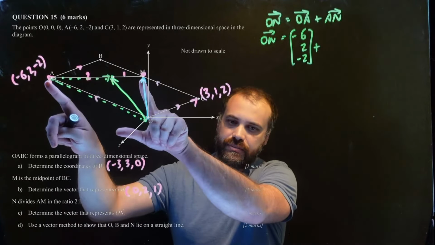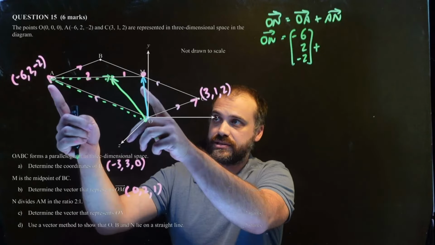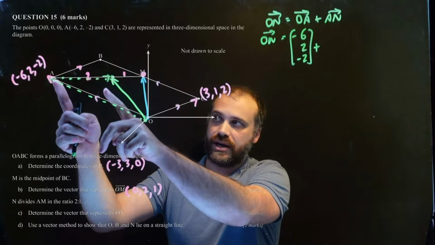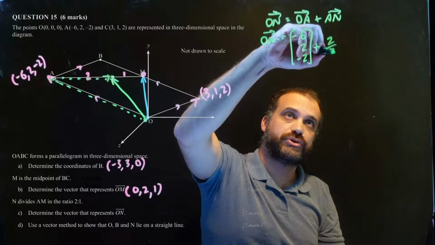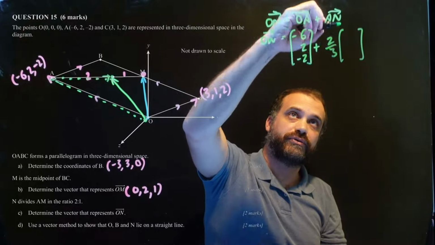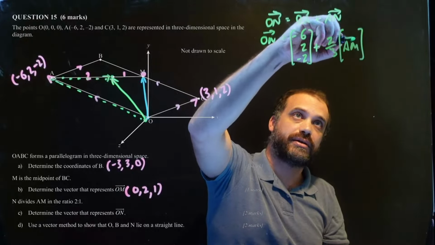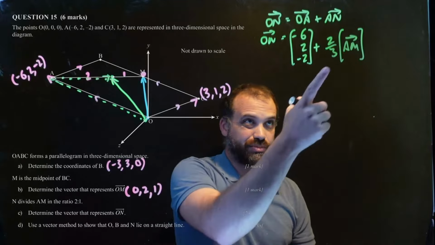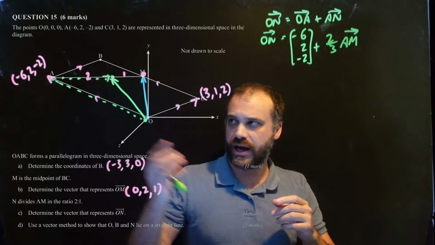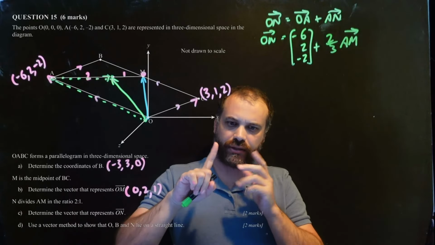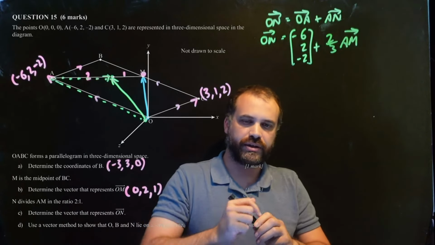Vector AM is broken into 3 parts. 2 of those parts are A and N. So AN is equal to 2/3 of vector AM. Don't really need those brackets there. All right, so I'm cooking with gas. I don't know what vector AM is yet, but I think I know how to find it, right?